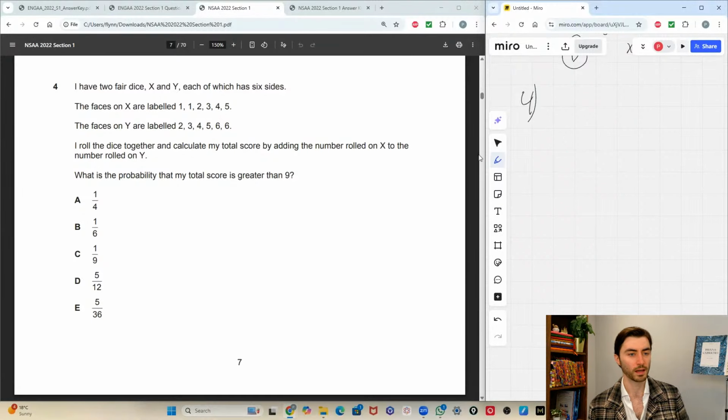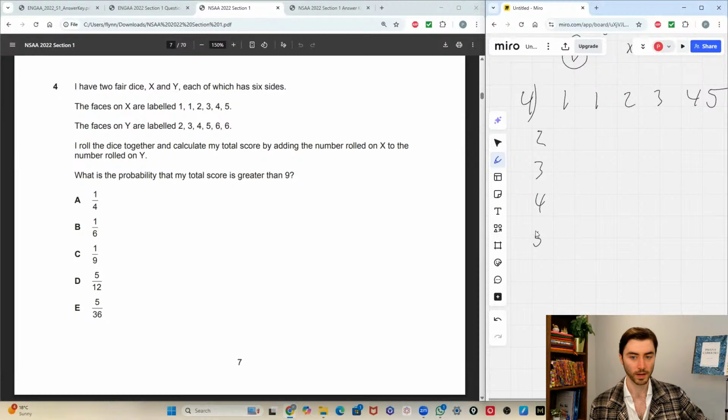Okay, so I'm going to just two-way table it, but not fully fill it in. So that's going to be 2, 3, 4, 5, 6. There are 36 possibilities. And which are the ones that give me greater than 9? So that's 5 with 5, 6, and 6. That's 4 with 6 and 6, and 3 doesn't get you there. So that's 5 out of 36, which is E.